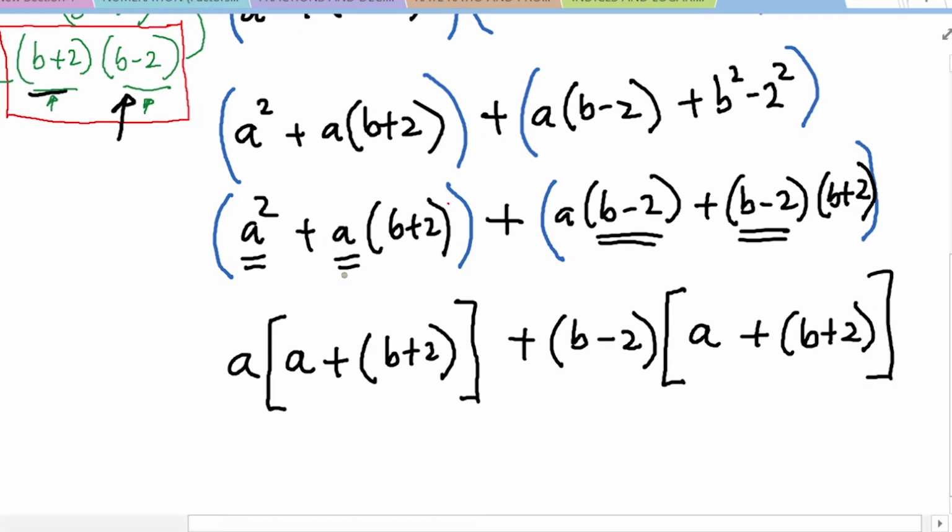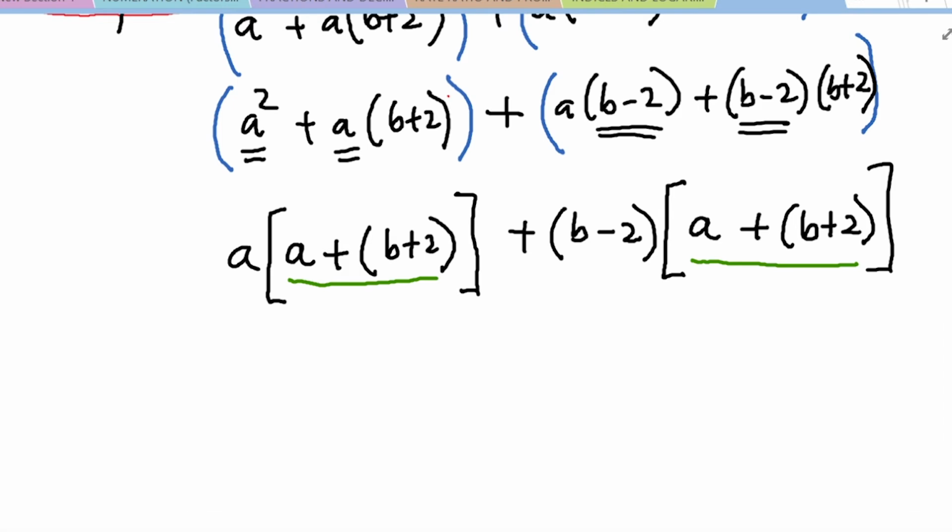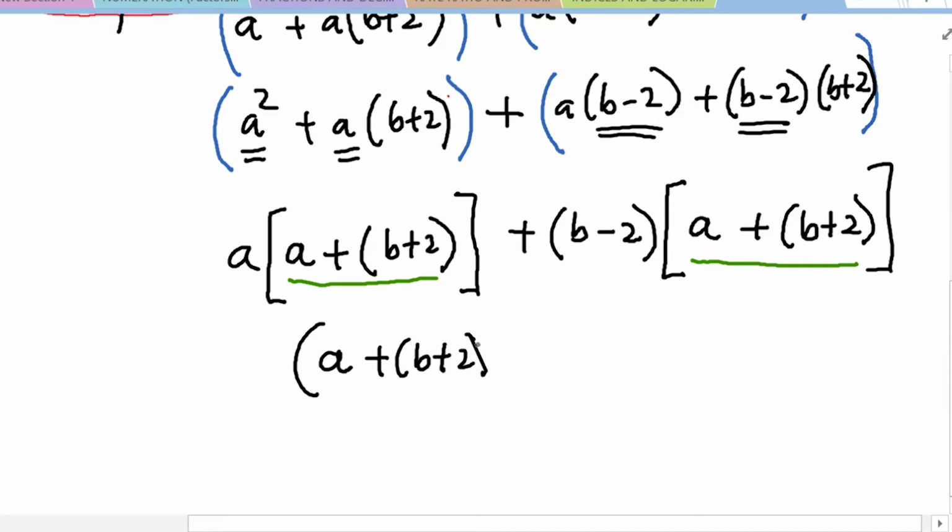Do you realize that what we have in the brackets is the same? This and that is the same. So now that that is the same, we shall combine the items in the brackets, put them in their own brackets, a plus b plus 2.